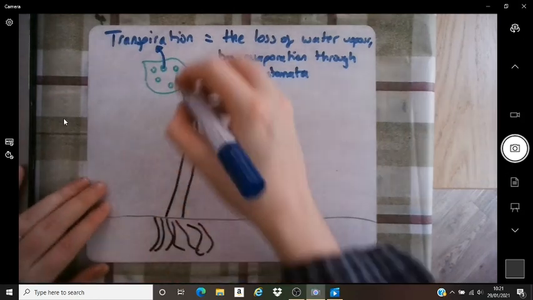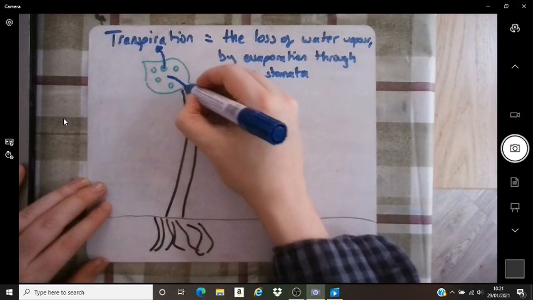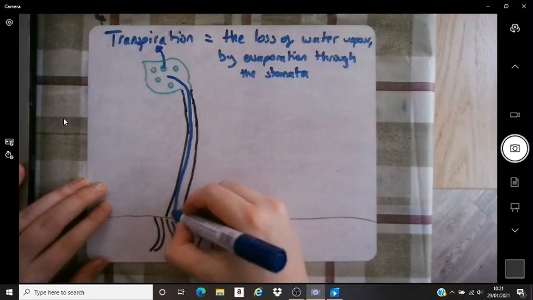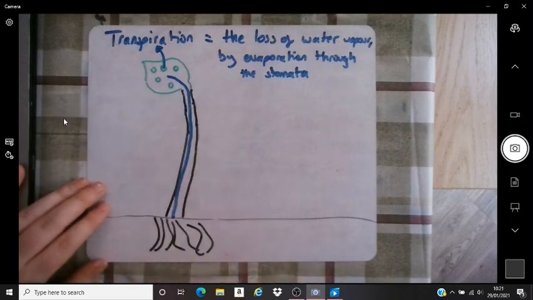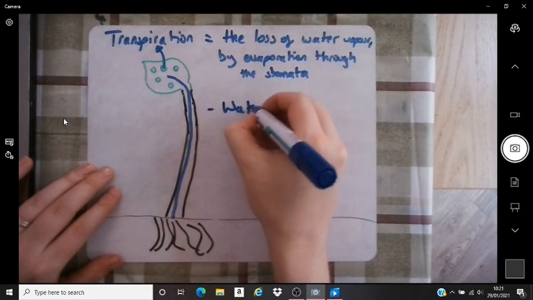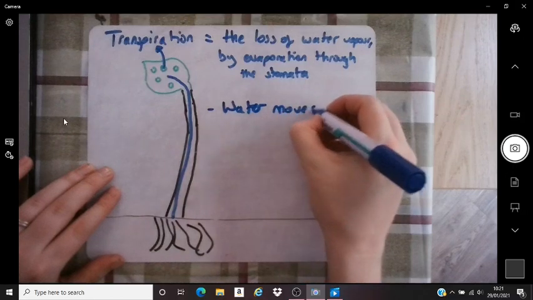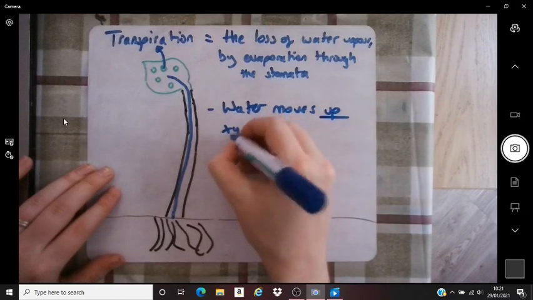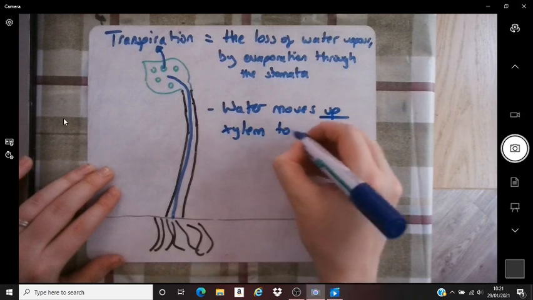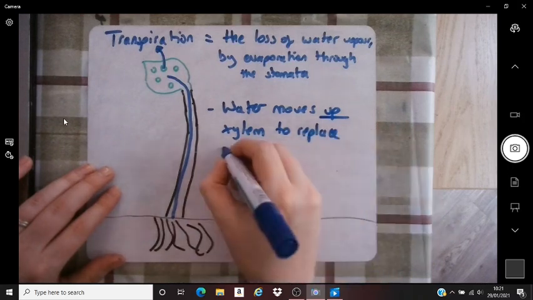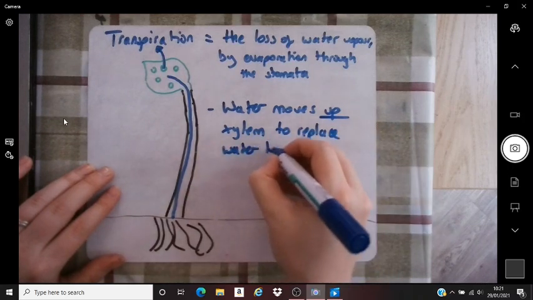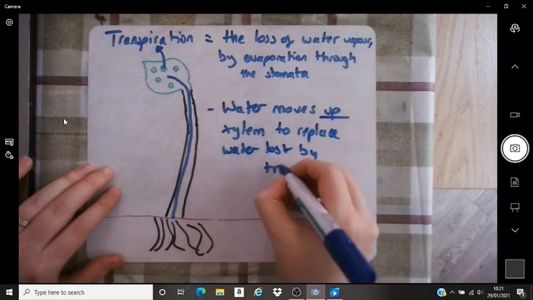And I'm just going to do my xylem vessel as just a blue line. This is my xylem vessel all the way through the stem and into the leaf. So water moves up the xylem to replace the water lost by transpiration.